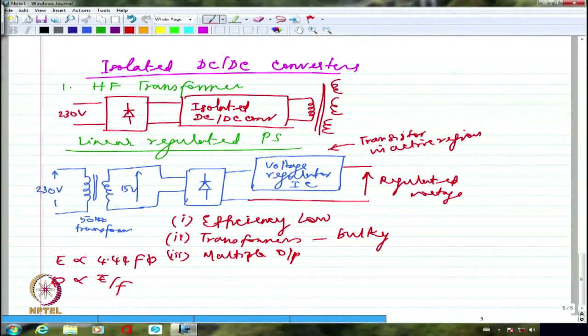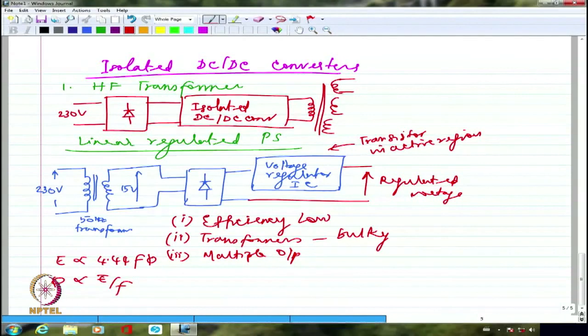Of course, if I am talking about a high frequency transformer, what I get as the output here may be AC. If I have to convert that into DC, that rectifier is also part of the isolated DC-DC converter. I am showing it explicitly because I wanted to show the high frequency transformer.